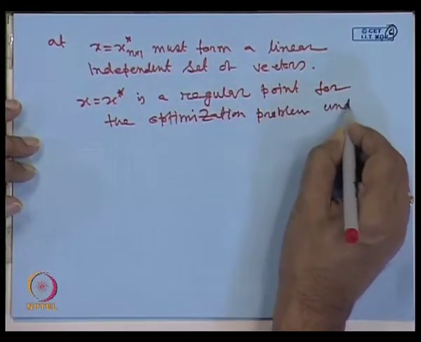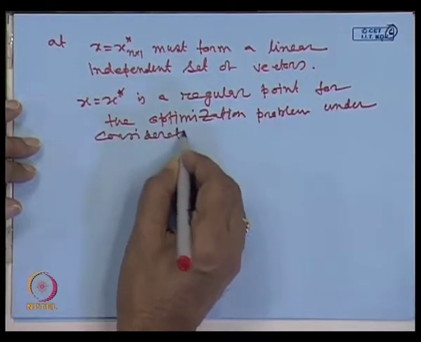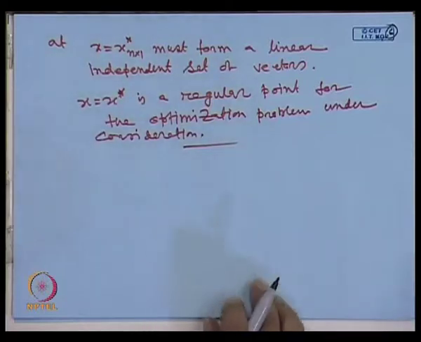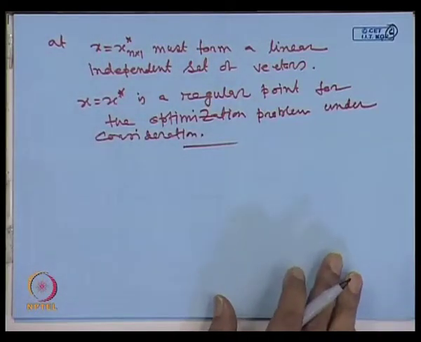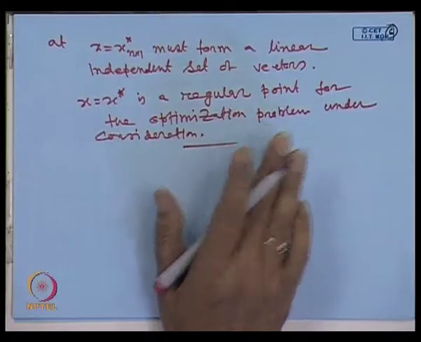Under considerations. Okay, so this is the regular point. KKT condition starts with x star is the regular point.